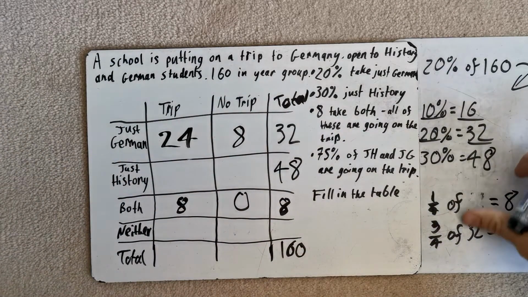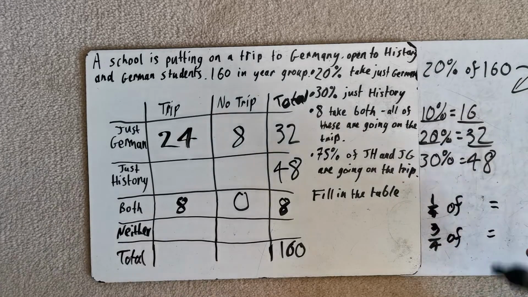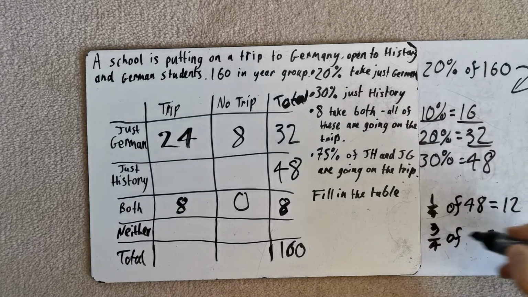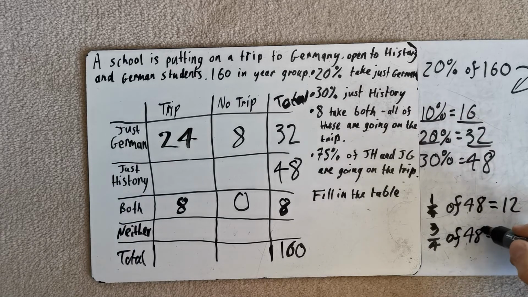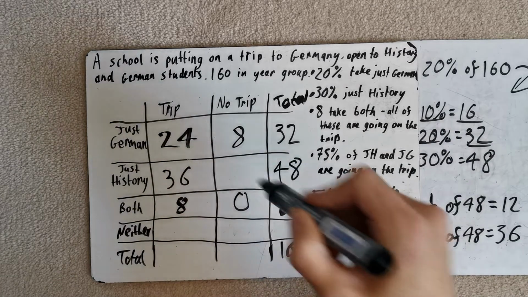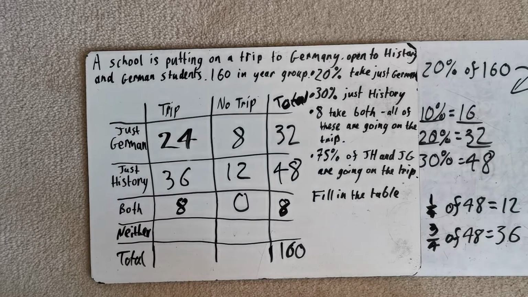Let's do the same for the history lot. So, 1/4 of 48 would be 12. So 3/4 of 48 would be 3 lots of that, 36. 36 on the trip, and there'll be 12 not going on the trip.